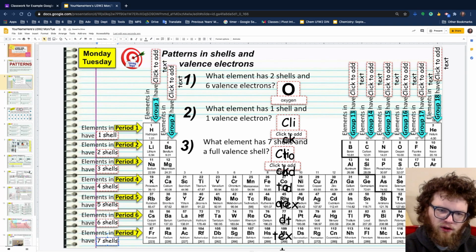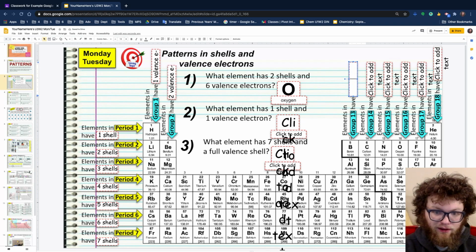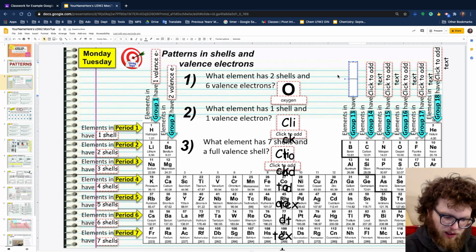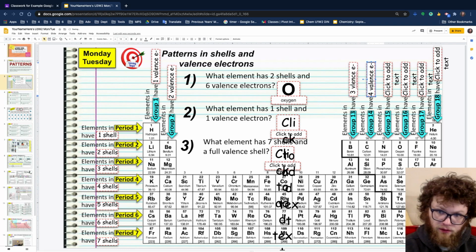And then elements in group 1 have 1 valence electron. Elements in group 2 have 2 valence electrons. Elements in group 13, because we're skipping over that haunted D block, have 3. Elements in group 14 have 4 valence electrons. Elements in group 15 have 5 valence electrons.